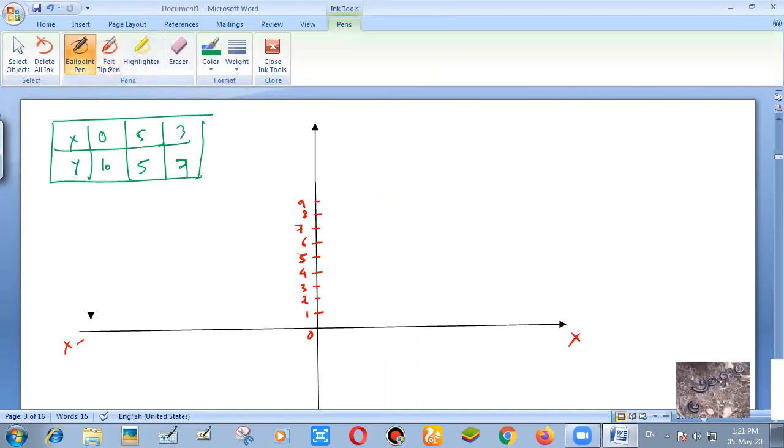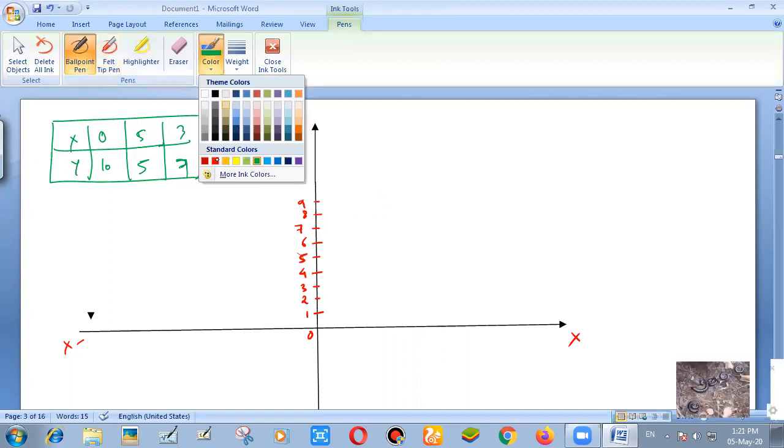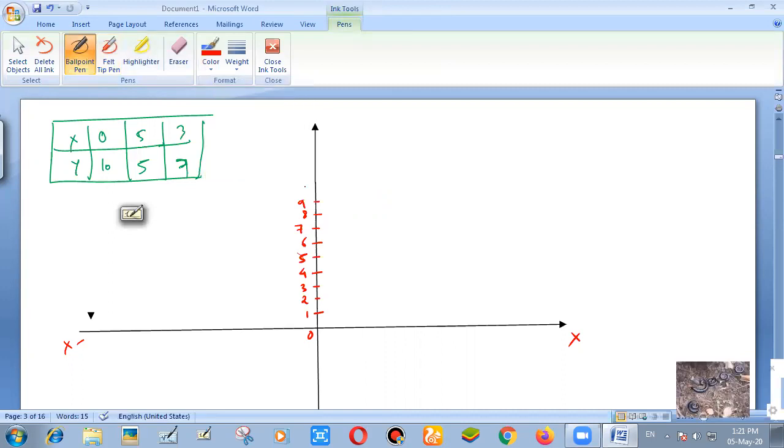Here again 1, 2, 3, 4, 5, 6, 7, 8, 9, 10.